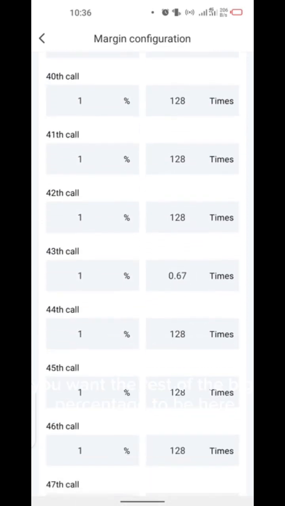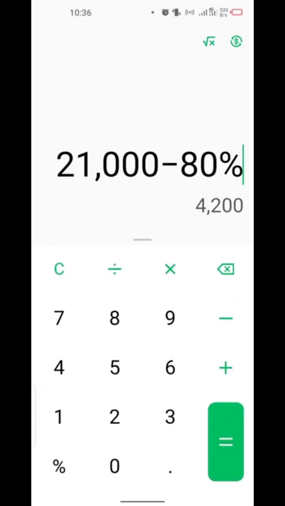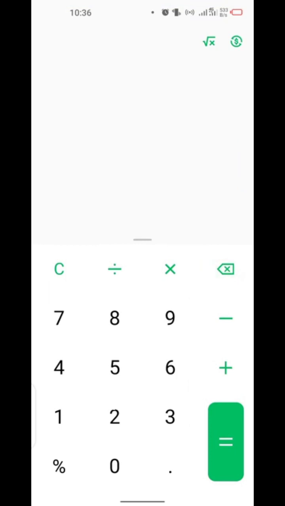You want the rest of the big percentage to be here, because if we get 48 minus 42, it is 6. So 6 times 6 is 36.